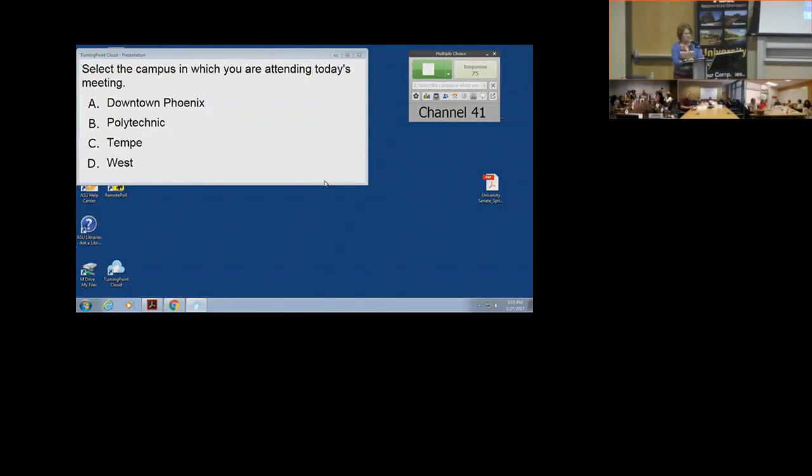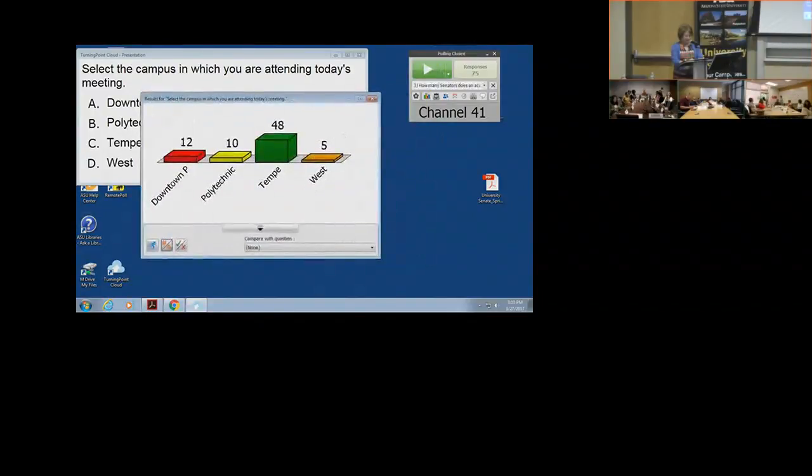Looks good, like we're at 74, 75. Okay. Can we close it? And the second is to verify the total attendance by campus so that we know that our clickers are working.